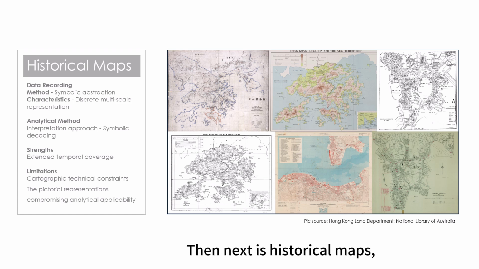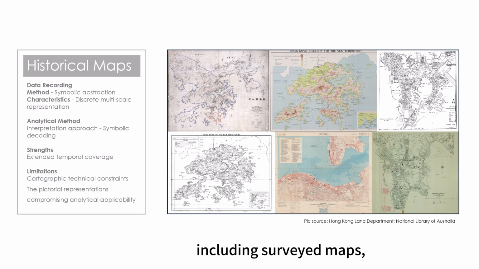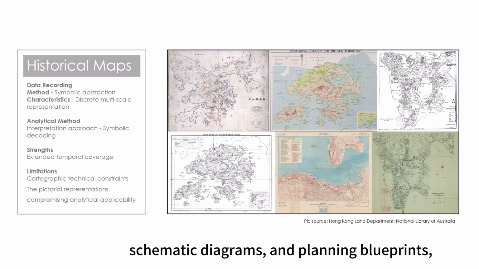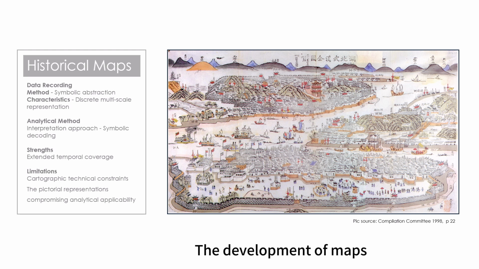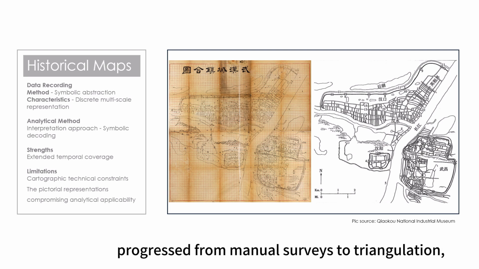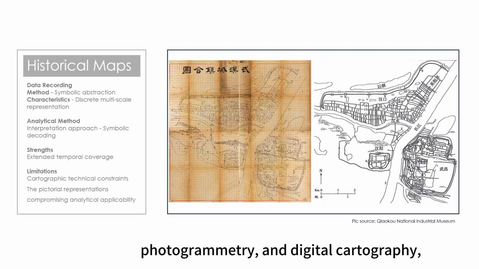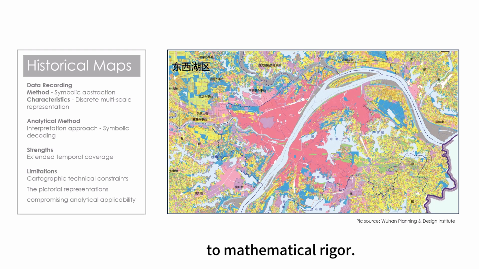Then next is historical maps, which are systematic graphical representations of spatial cognition, including surveyed maps, schematic diagrams, and planning blueprints, shaped by cartographic paradigms and technical constraints. The development of maps aligns with humanity's techniques of world cognition, progressed from manual surveys to triangulation, photogrammetry, and digital cartography, with projections advancing from empirical estimates to mathematical rigor.